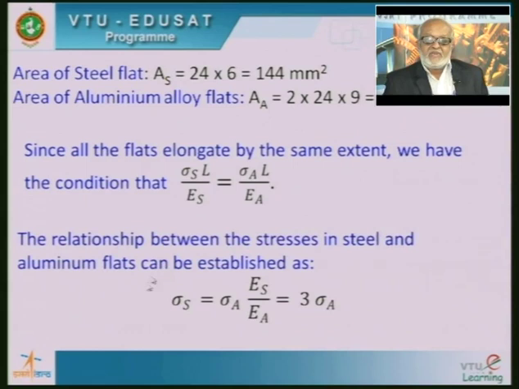So, using this equation, we establish that sigma s is equal to sigma a into ES by EA. We know that ES in the problem they have given as 210,000, aluminum they have given 70,000. So, 210,000 divided by 70,000 will give you 3 times sigma a. So, stress in steel sigma s will be equal to 3 times the stress in aluminum.